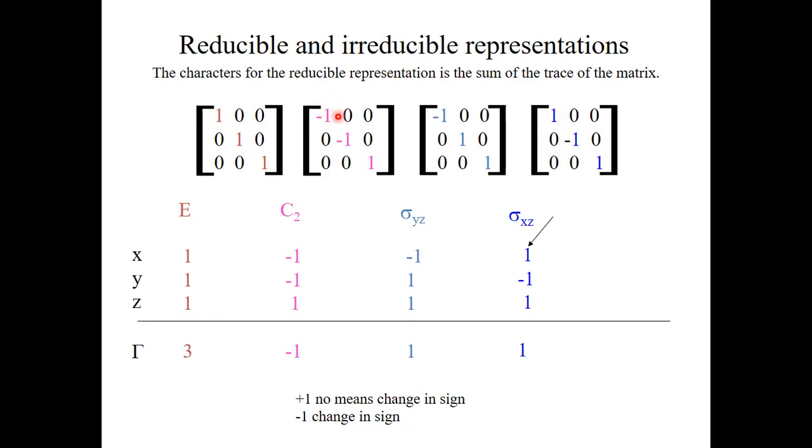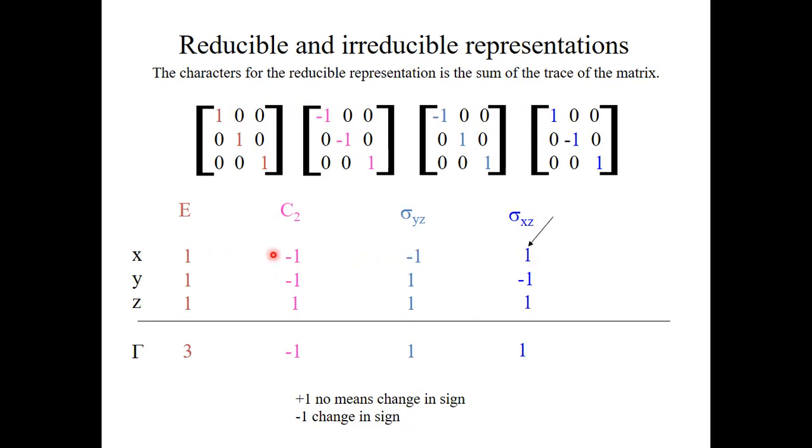It would reverse sign as we carry out the C2. It would also reverse sign when we carry out the sigma yz. But it will not change its sign as we carry out the sigma xz. Okay, so if we write these four characters on a line, then this line of characters tells us exactly what the symmetry operations do with the x-coordinate.